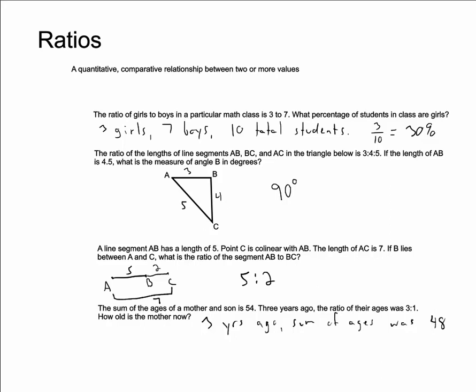Now we also know that 3 years ago the ratio of their ages was 3 to 1. That means that the mother accounted for 3/4 of the total age. Mother was 3/4 of total sum of ages.